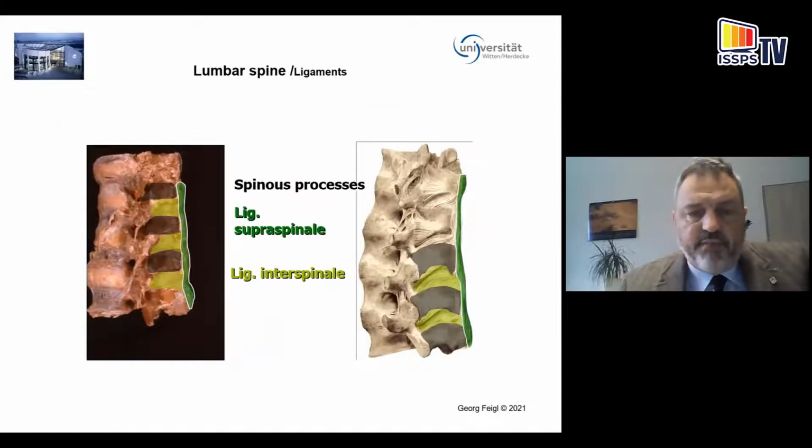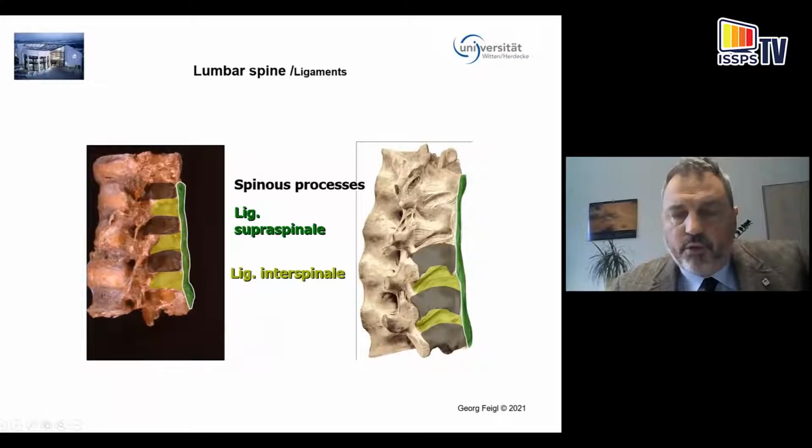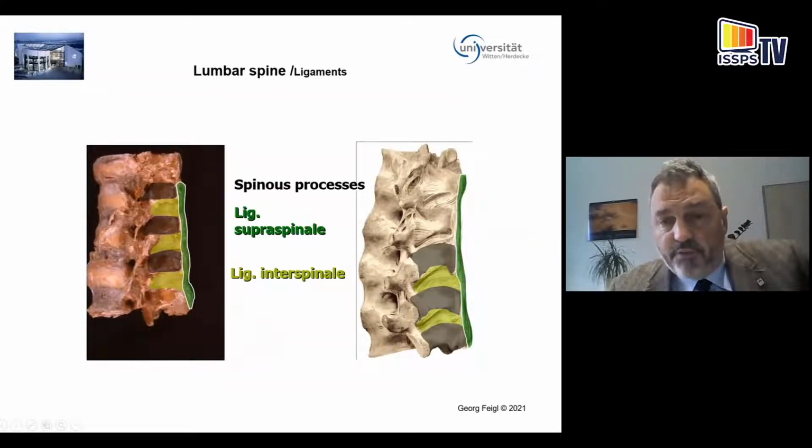Of course, you get ligamentous parts, which are important as barriers or walls between different spaces. You get the supraspinal ligament with the interspinal ligament, which can be visualized quite easily by ultrasound.